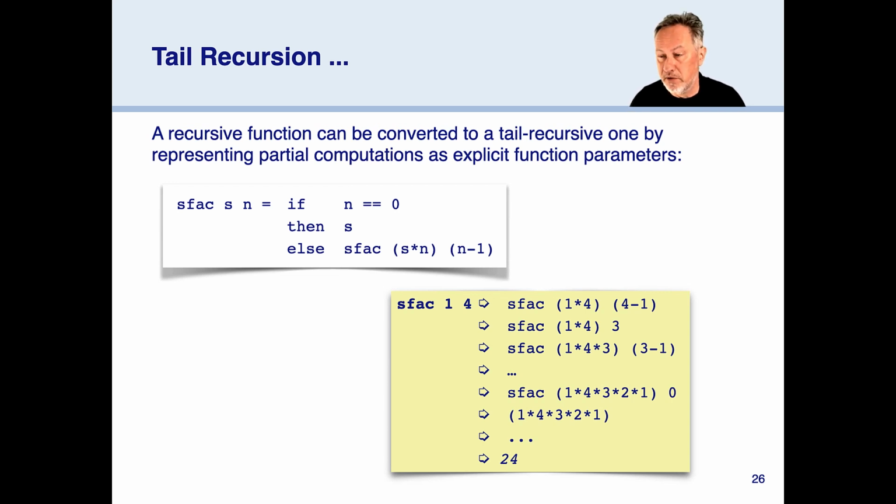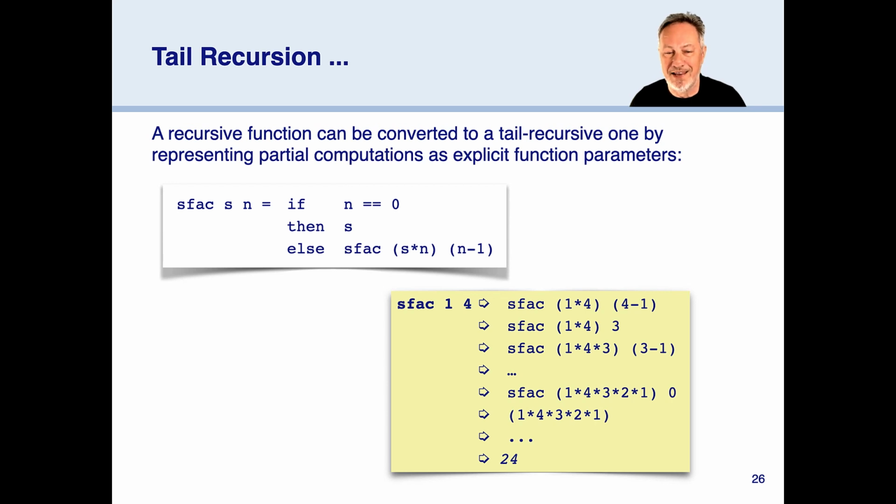Factorial is a case where we want to accumulate the multiplication of the numbers n times n minus 1 times n minus 2 and so on. And since we don't have a variable that we can update, what we can do instead is compute that partial result and pass it in as an argument to the recursive call.